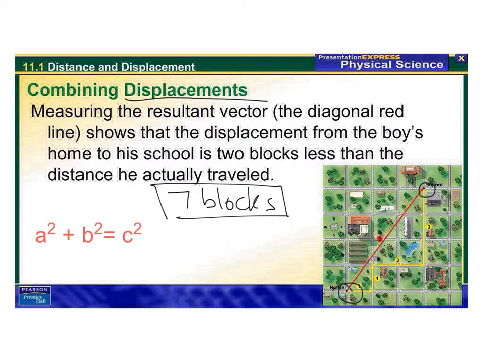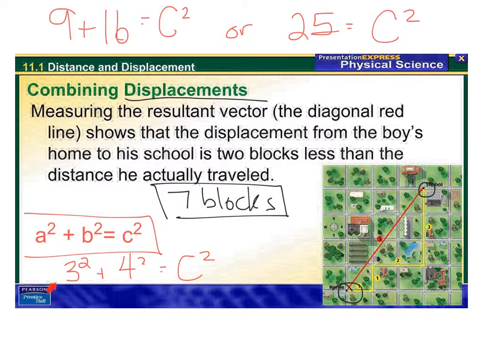In order to find that along this particular question, we will need this formula. In this formula, A is represented by the distance along this part of our triangle, B is represented by this section of our triangle, and C is represented by this portion, the slope of our triangle. That means that A, or 1 plus 2, 3 squared, plus B, or 3 plus 1, 4 squared, is equal to C squared.